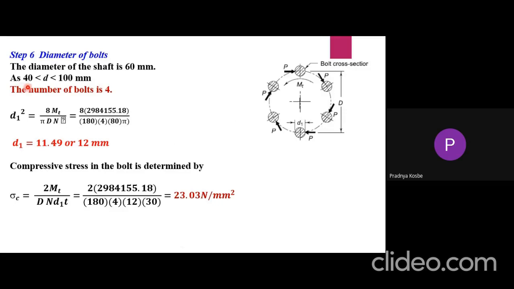If the diameter of the shaft is lying between 40 to 100, the number of bolts will be equal to 4. According to that, the diameter of the bolt will be d1 square is equal to 8 MT divided by pi dn.